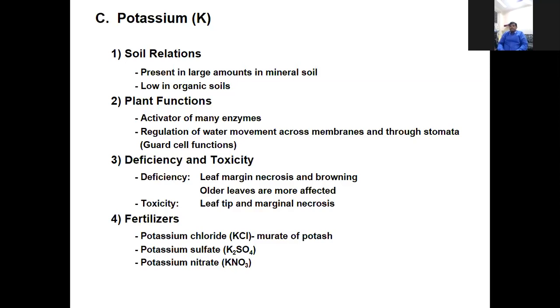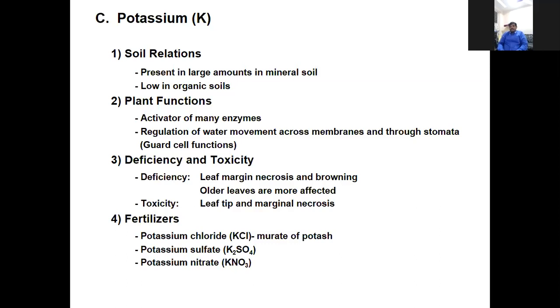Older leaves are more affected because deficiency symptoms are marked on older leaves only. Those are the particular deficiency symptoms of potassium. What is the toxicity of potassium? Leaf tip and marginal necrosis.